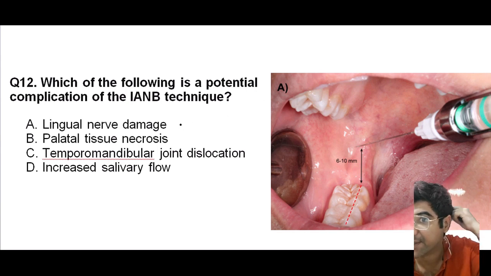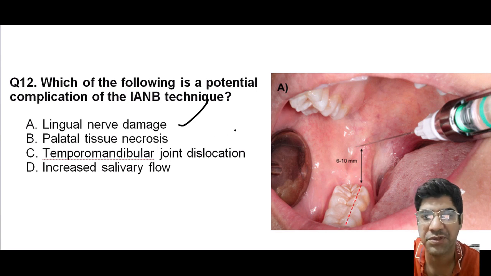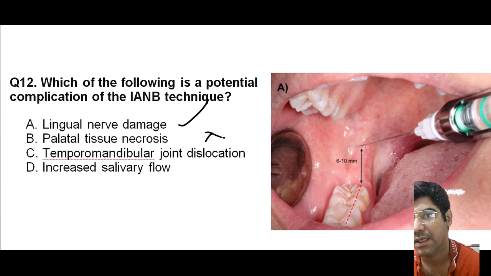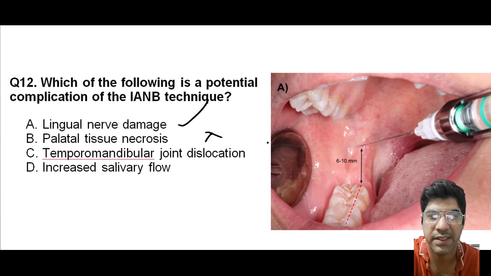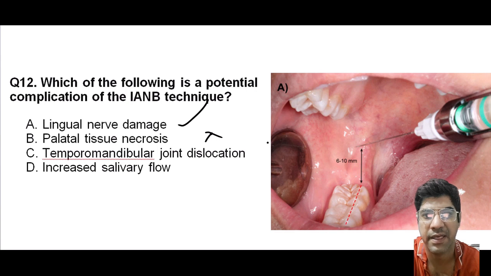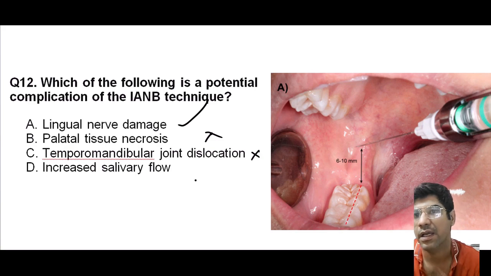So the answer is A. Palatal tissue necrosis is not a common complication of IANB. TMJ dislocation is not a direct complication of inferior alveolar nerve block. Increased salivary flow is not typically a complication of inferior alveolar nerve block. Answer is A.